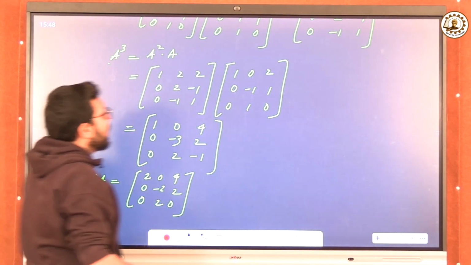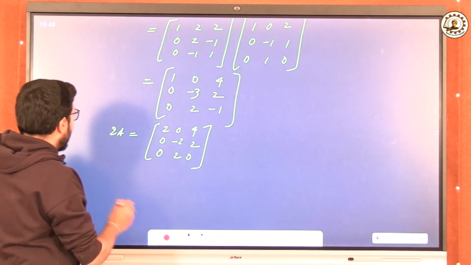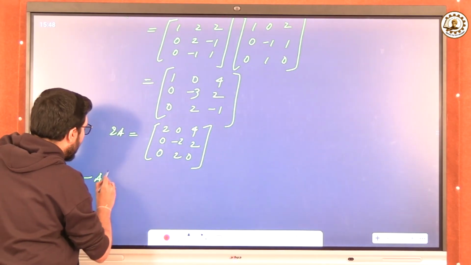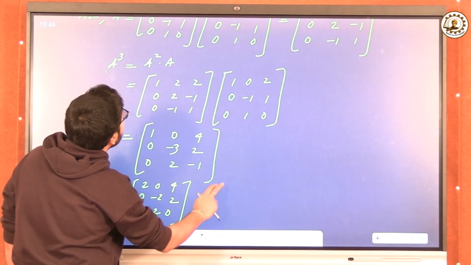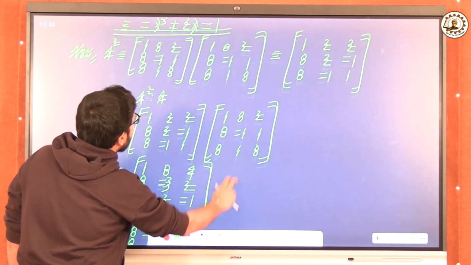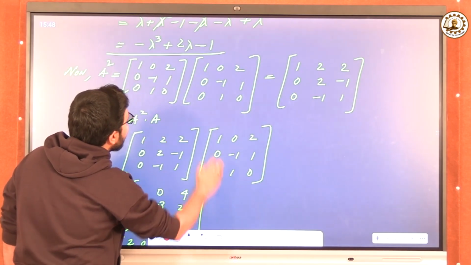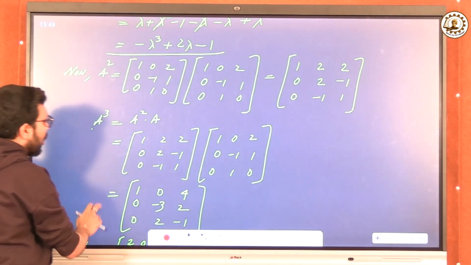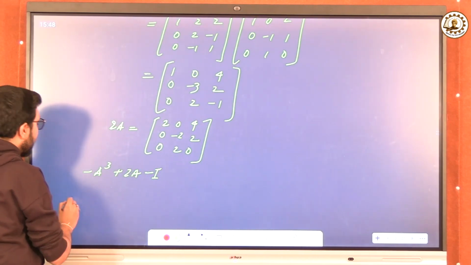Now finally we have to verify the theorem. It was minus of A cube plus 2A, and that was minus of I. Since we are using it in terms of matrix, of course we are supposed to introduce an identity matrix.